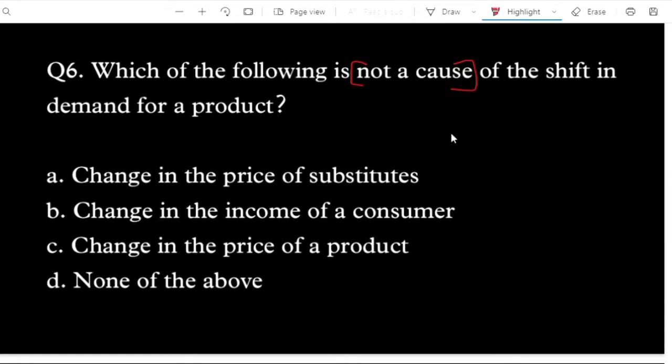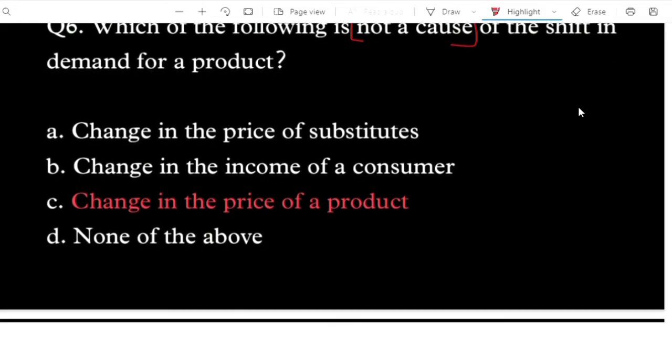Option number C change in the price of a product or option number D none of the above. The right answer will be option number C change in the price of a product. This is not a cause for the shift in the demand for a commodity.